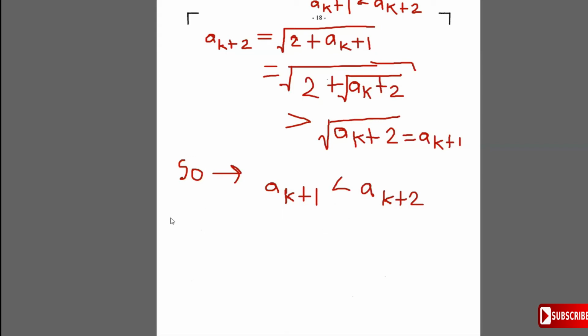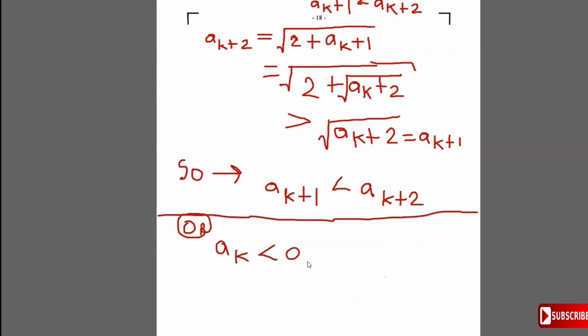All right. So many persons may not appreciate this, so let me put an alternate. This is an alternate proof. An alternate proof is to start by writing down what we know. We know that a_k is less than a_{k+1}.